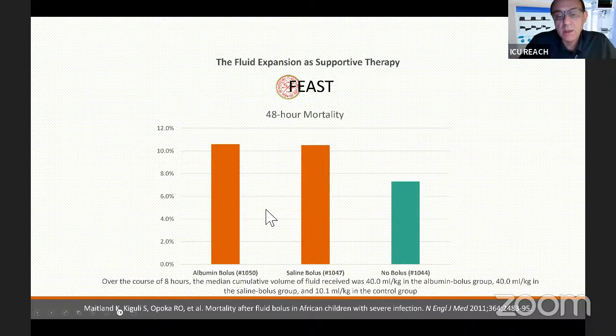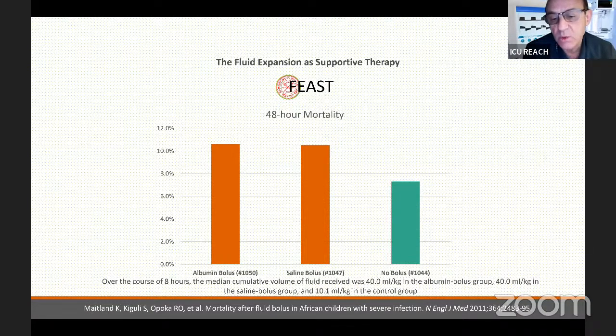One group got albumin bolus, another one got saline bolus, and the third one got no fluid bolus at all. They ended up, of course, you're going to give medications, patients are going to get some fluid. They ended up having an average of 40 ml per kg in the albumin and in the saline bolus group. But in the no bolus group, they only had 10 ml per kg. So it is much less than the 30 ml per kg as usual bolus for those patients.